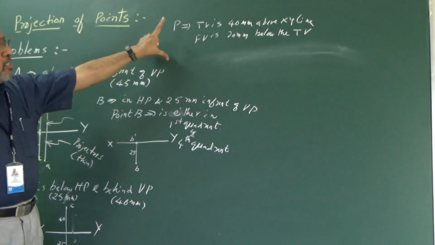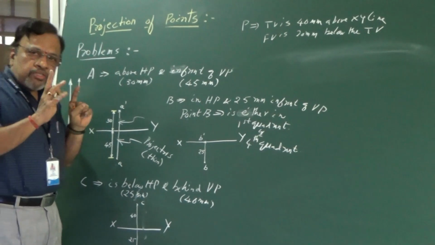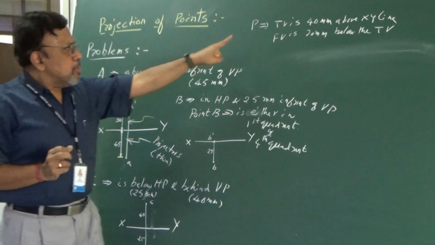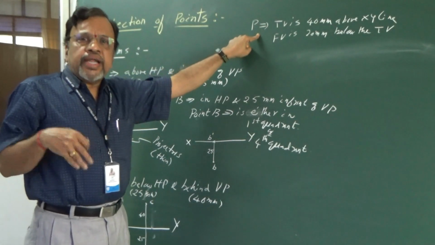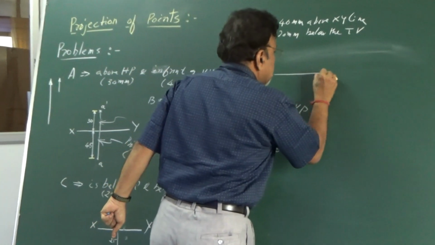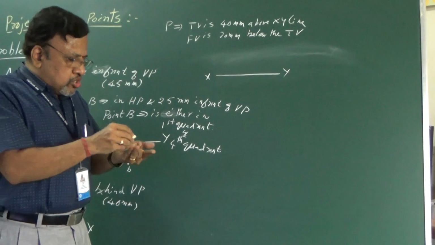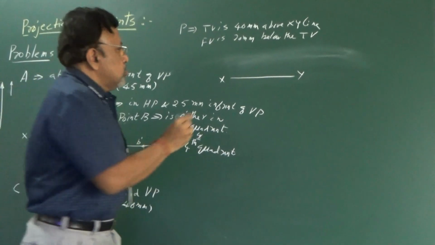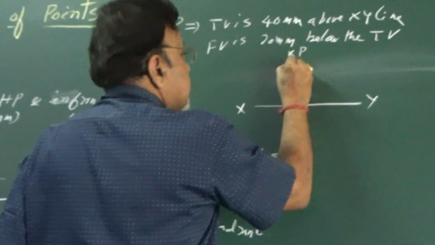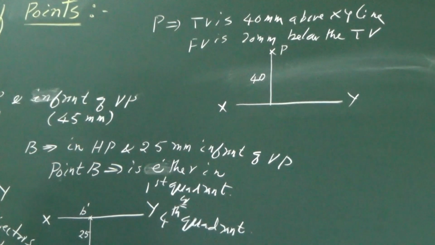As usual, I have just given the final projections. In the earlier problems, I gave the location of the points, but in this problem, I have given the direct projections. We have this XY line, and the top view is 40 mm above the XY line, so I take this point P, 40 mm above the XY line.